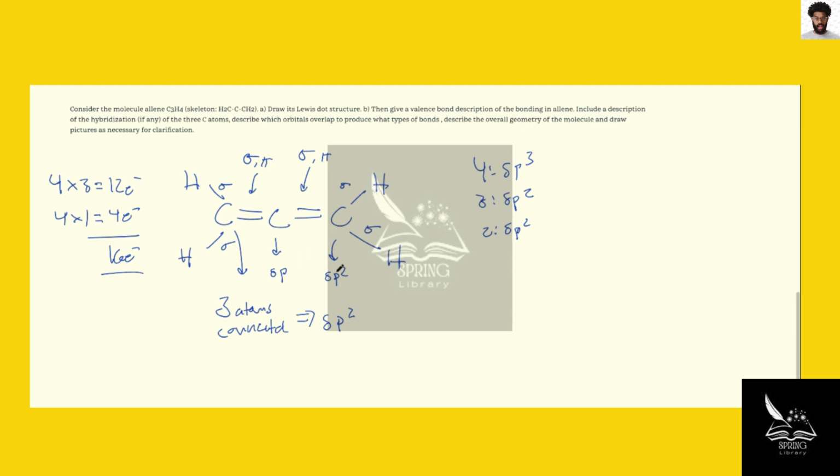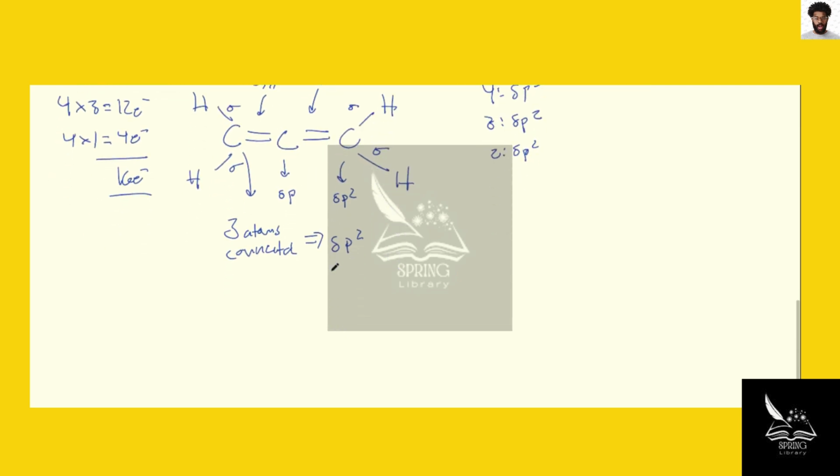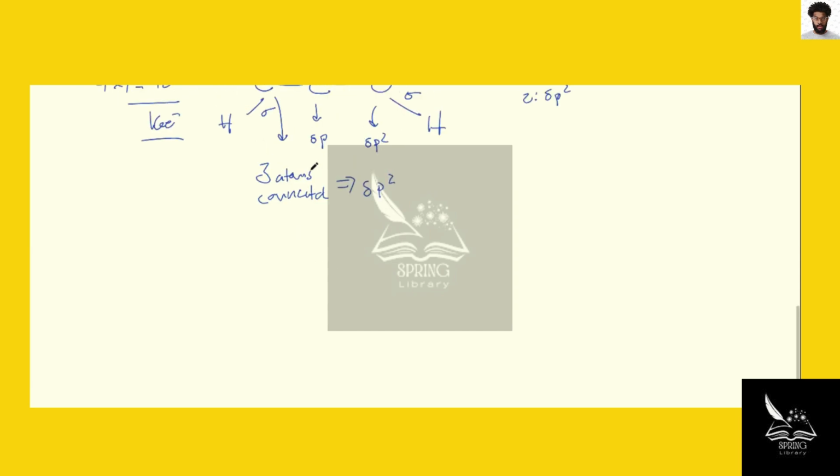So this, I think, we can answer the last little bit with a better drawing. So we have the central carbon. We know it's sp hybridized. So here's an sp orbital, right? And then we have this carbon over here, which we know is sp2 hybridized.